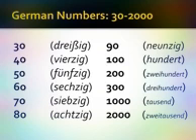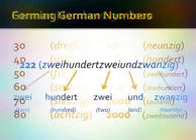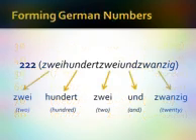Where putting numbers together is slightly more difficult is if we have a number like 222. So, let's take this one apart. In German we start with the highest number, so in this case it's 200.